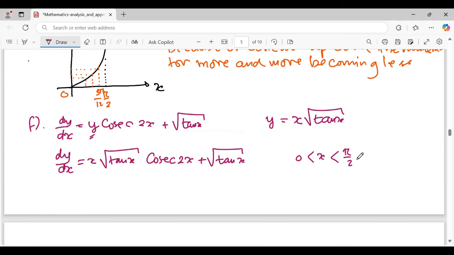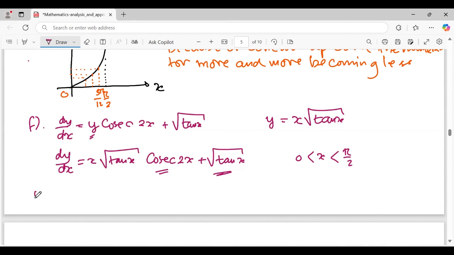Now, we are focused on cosecant 2x and square root tangent x. If you substitute all x between 0 and pi half into cosecant 2x or tangent x, all values will be positive. Yeah, I have calculated that.